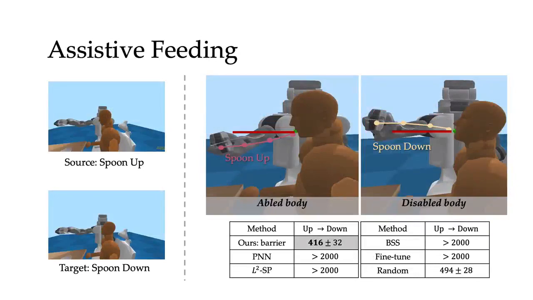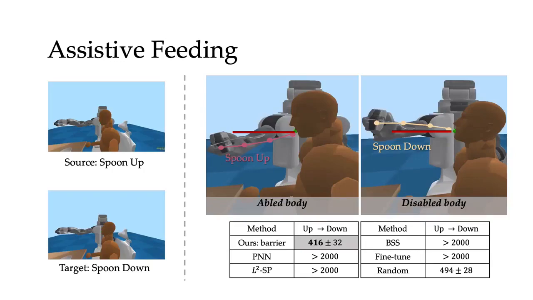In the assistive feeding environment, a robot is learning how to feed a patient with a neck problem. The important thing to pay attention to here is the spoon's orientation. When feeding an able body in the source task, the optimal trajectory requires the spoon to orient upwards. When feeding a disabled body, which is the target task, the spoon needs to be oriented downwards. Barrier states are shown by the red line.